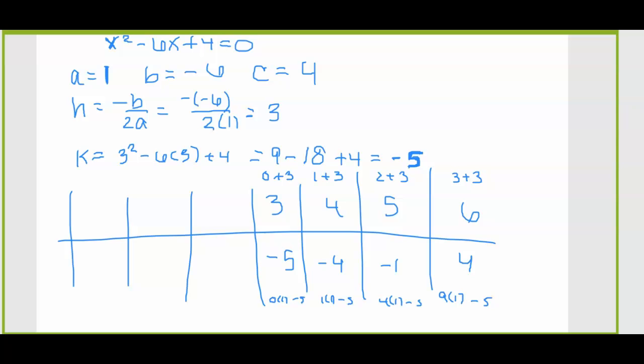Ryan, pick on someone. Okay. Miss Bella, what would the point to the left of 3, -5 be, since this is symmetric and decreasing by 1? So what would this point that goes in this space be?